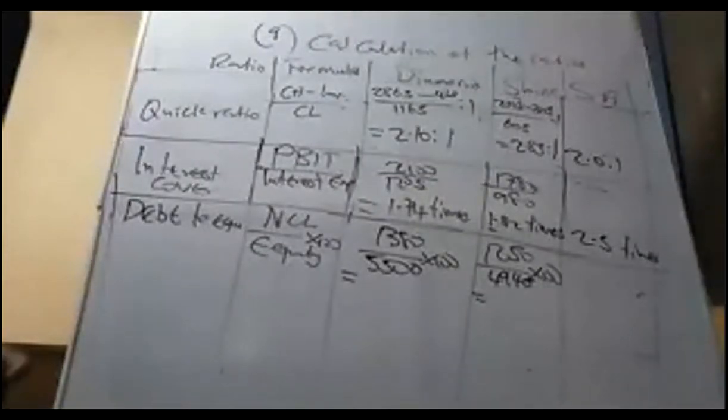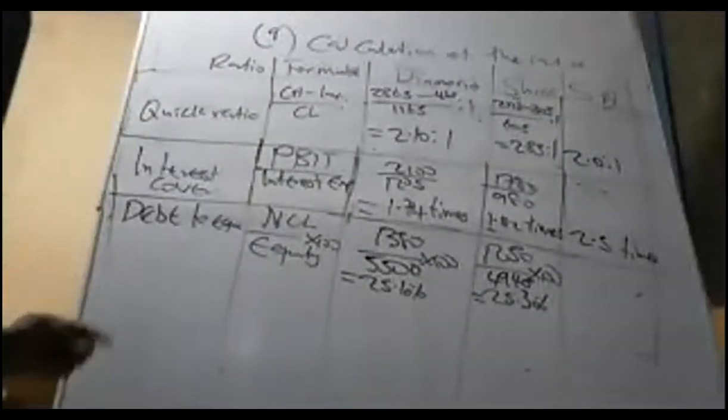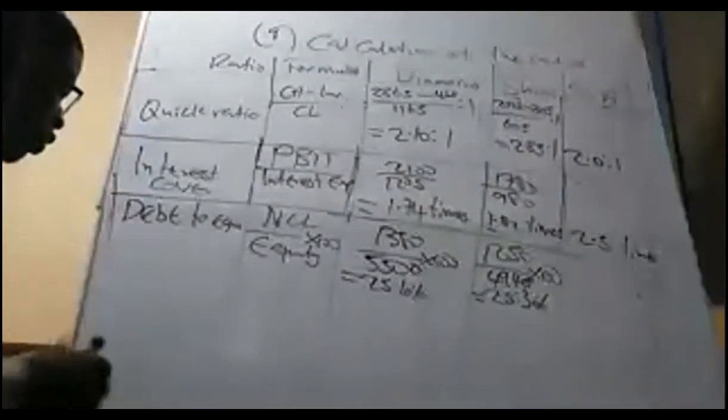So it will be 25.1 and 25.3%. It's 10 and 30.